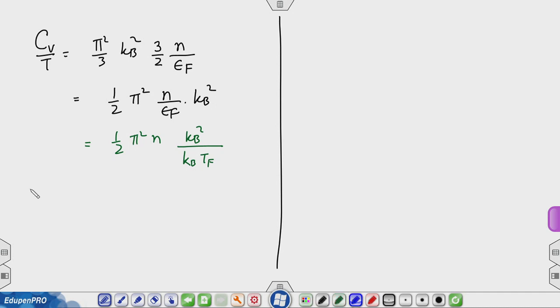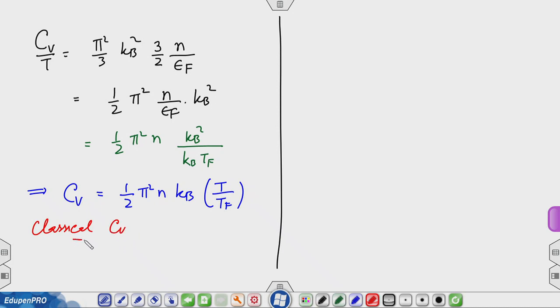So, this implies that Cv as a function of temperature for free electron gas is pi squared n kB T over TF. Compare this with classical Cv, which is 3 by 2 n kB.